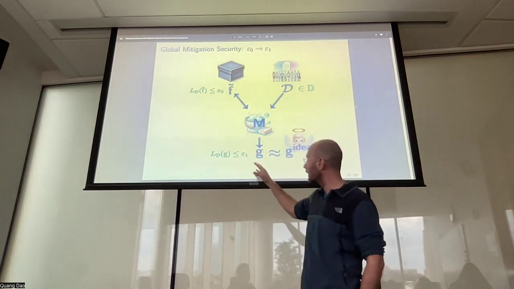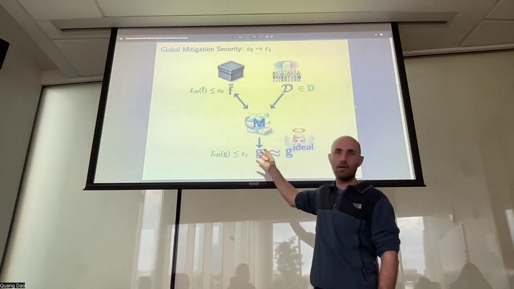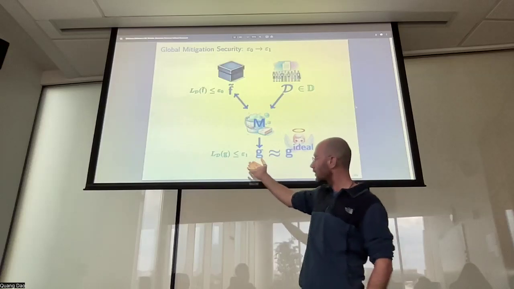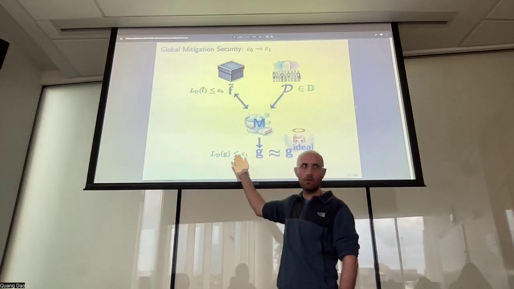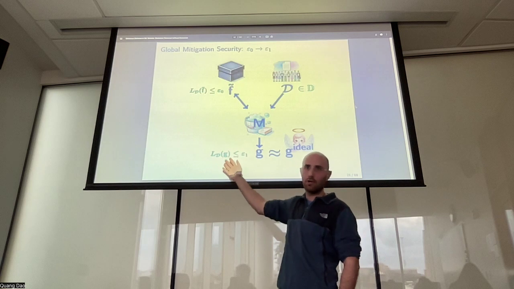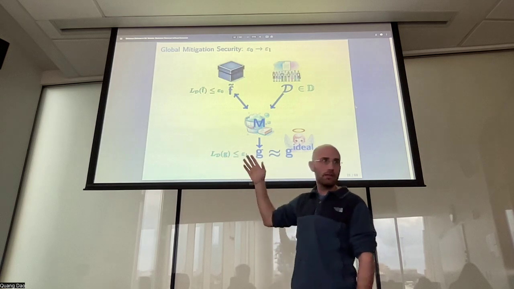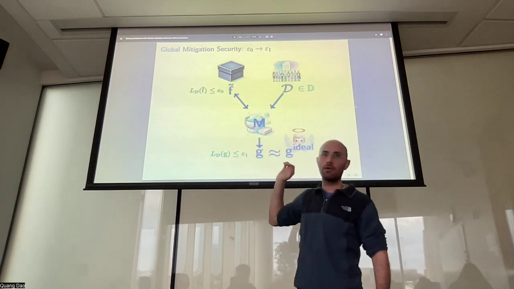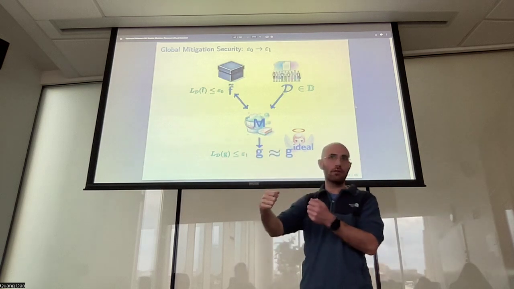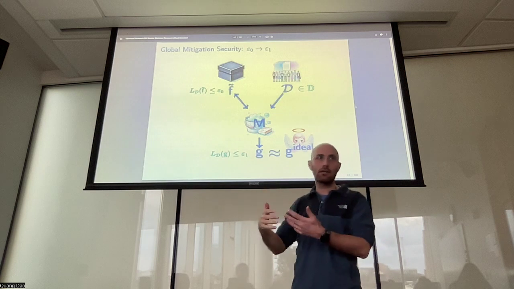The first one is that G is useful. I get this function G, and it has good accuracy on average on the population, so its loss is at most epsilon 1. Think of epsilon 1 as being slightly bigger than epsilon 0. So I pay some price in accuracy in order to get security.